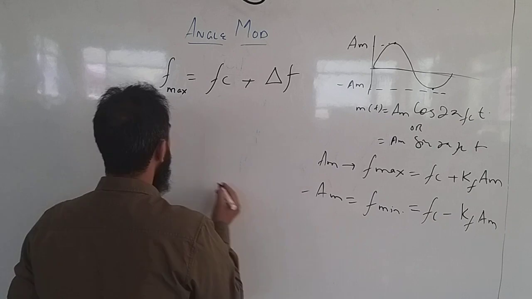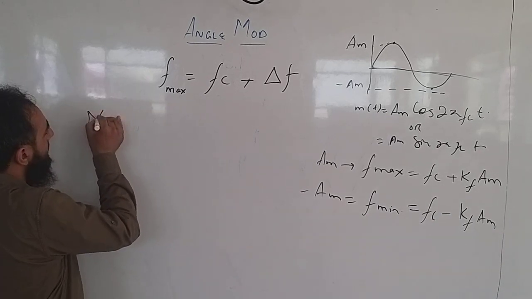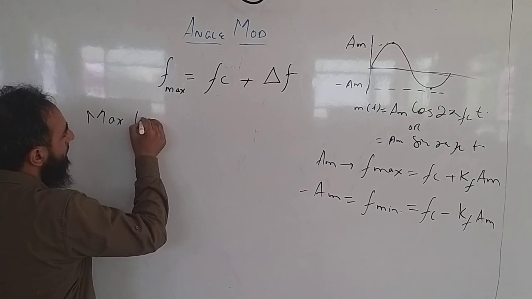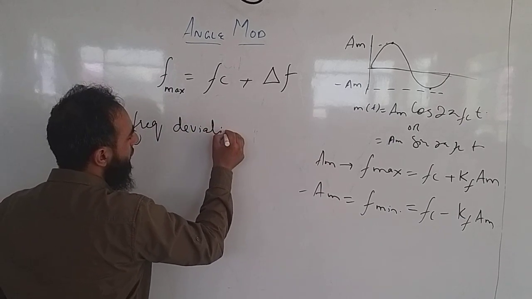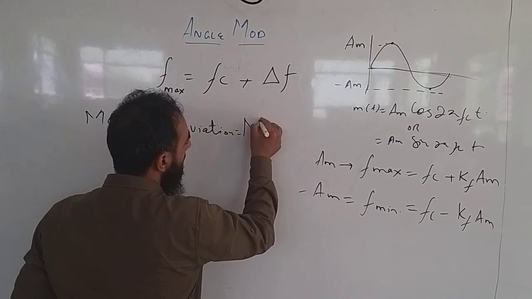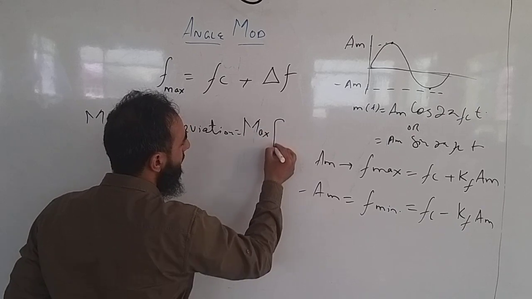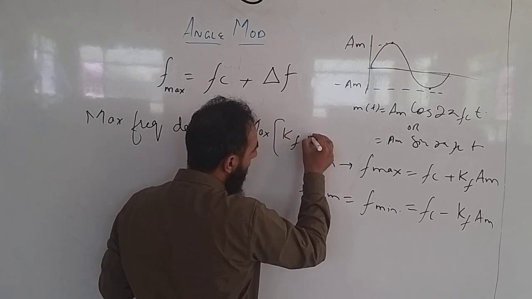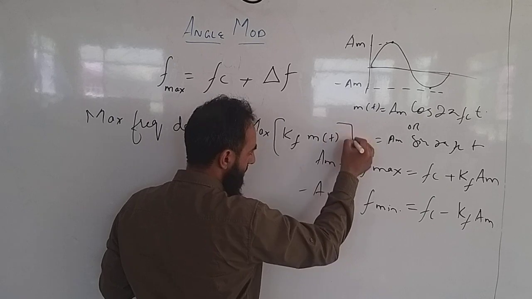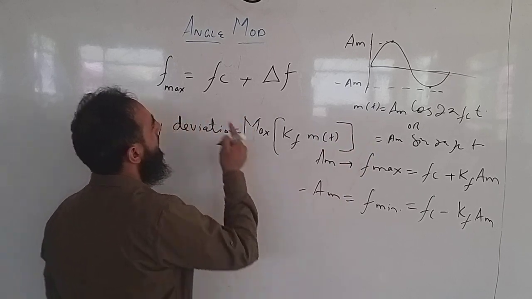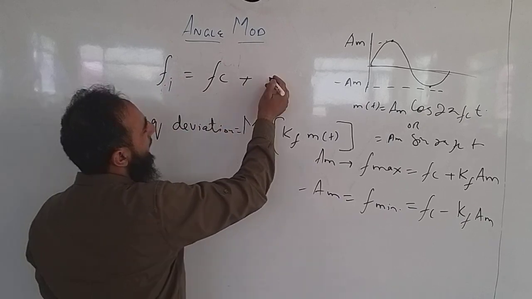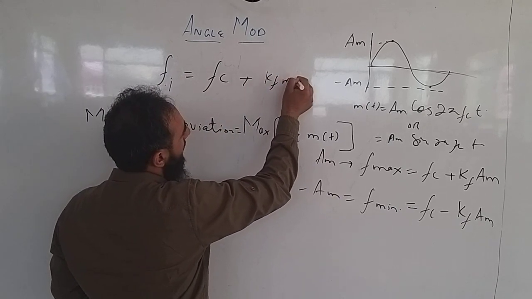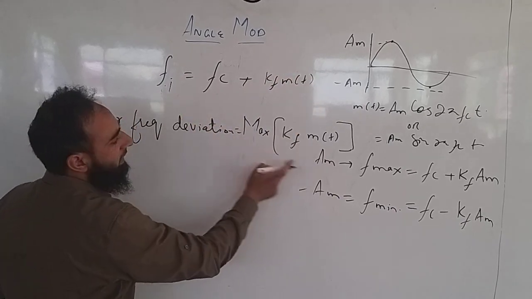So I can say that maximum frequency deviation is equal to max of Kf m of t. Because if you remember, इससे पहले मैंने क्या एक्सप्रेशन लिखा था? Fi is equal to Fc plus Kf m of t. So F max can be derived.